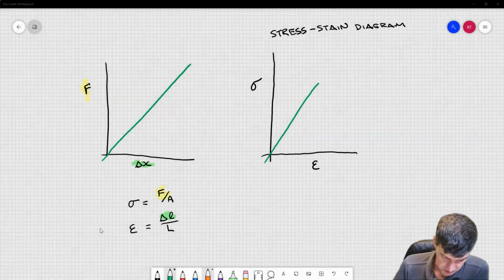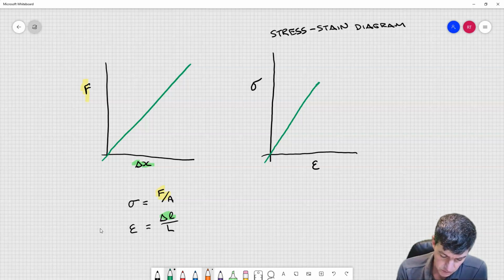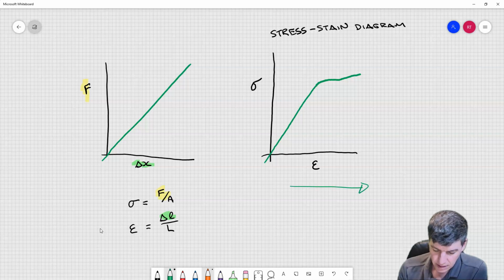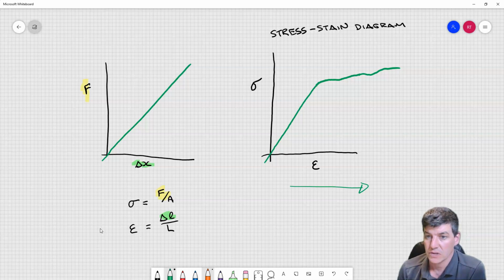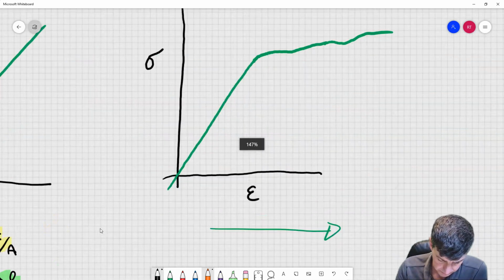So on my stress and strain diagram, when it deforms, we get to a point where it starts to stretch more, meaning we get more and more strain, and we usually have small changes to our force. So we have two different distinct zones.